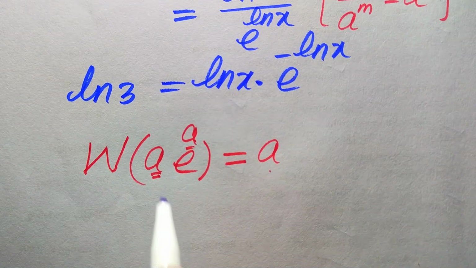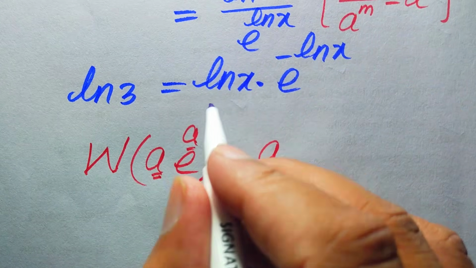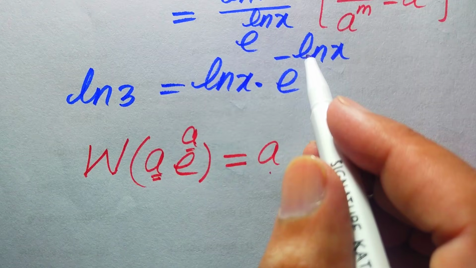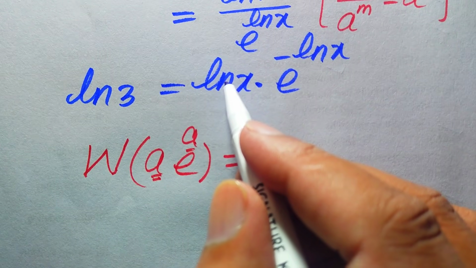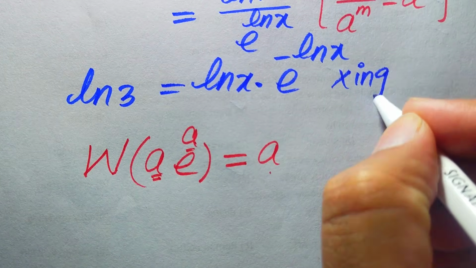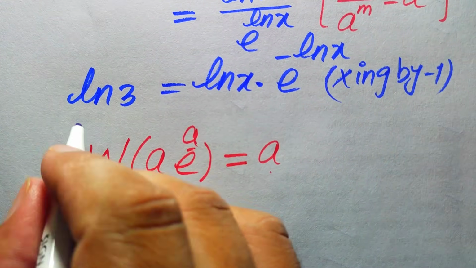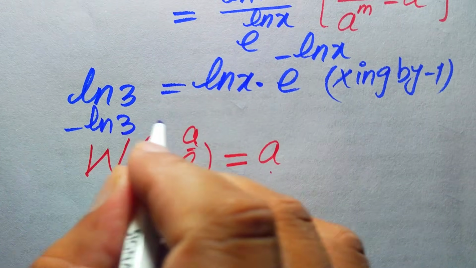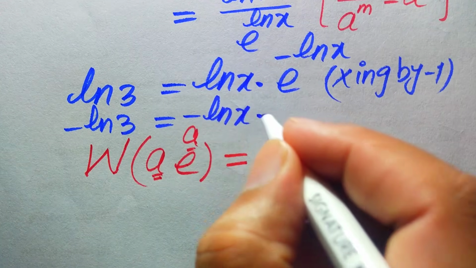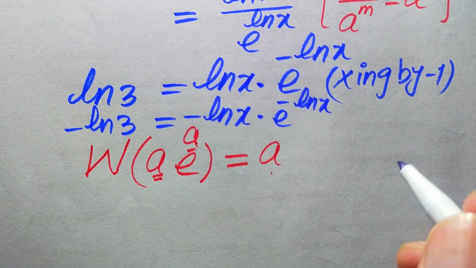According to this property, the exponent of e is minus log x, but here we have positive log x in front. First we need to make the exponent multiplied in front, so we multiply both sides by minus 1. We get minus log 3 is equal to minus log x times e to the power of minus log x.